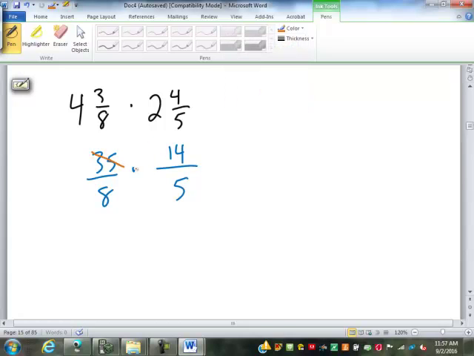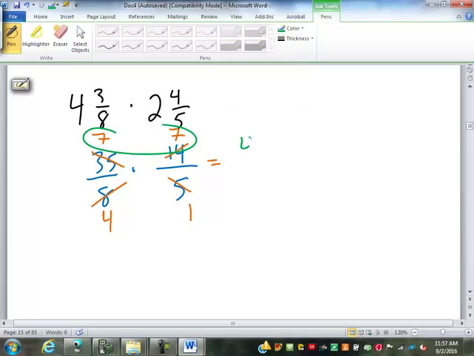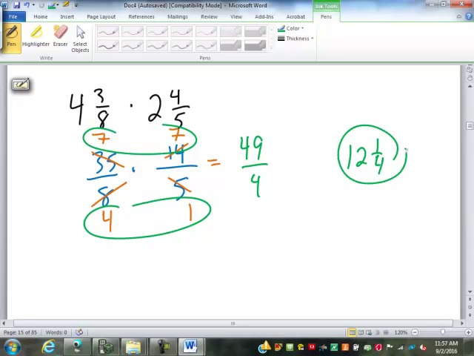We can cross cancel. 35 and 5 will give me 1 and 7. 8 and 14 will give me 4 and 7. So we have 7 times 4 is 28, or 7 times 7 is 49. 4 times 1 is 4. We'll divide that out, I get 12 1/4. How many of you had 12 1/4?